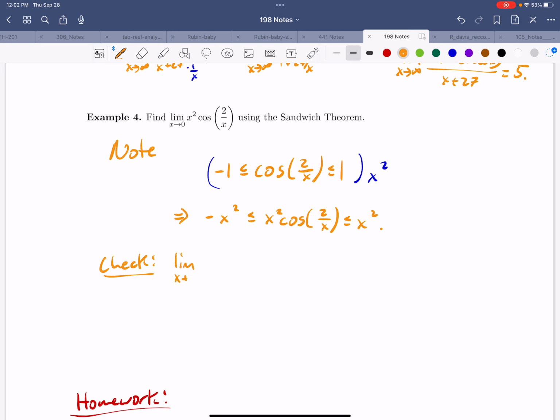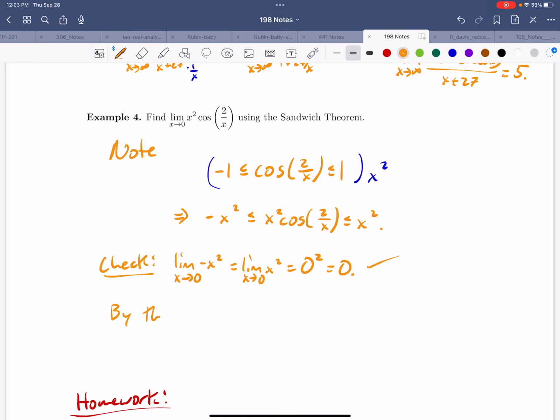Limit as x approaches 0 of negative x squared. Let's start with the negative first. Doesn't really matter. Turns out that equals the limit as x approaches 0 of x squared, and that's just 0 squared, which is 0.